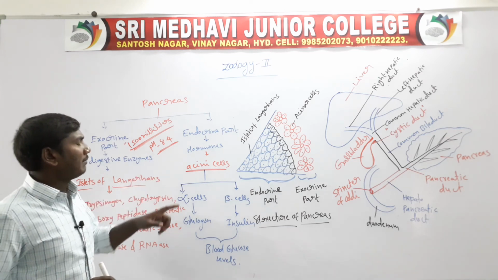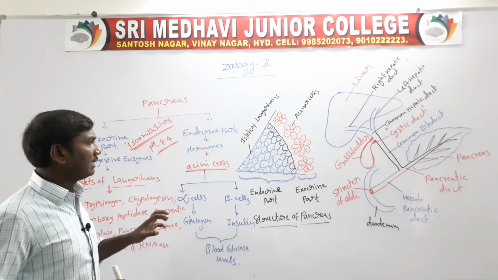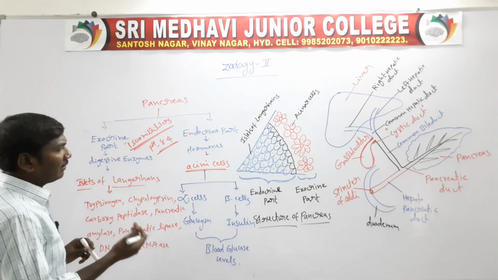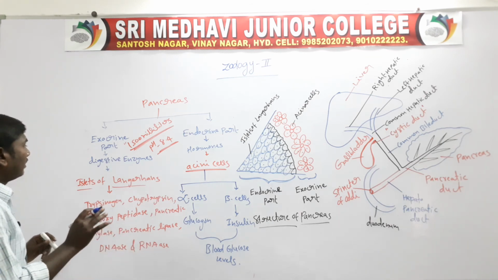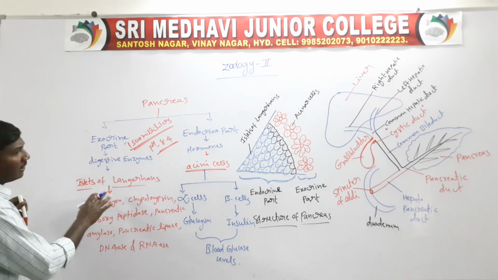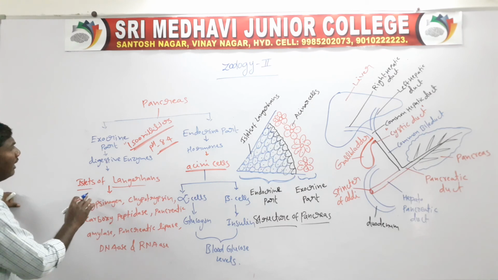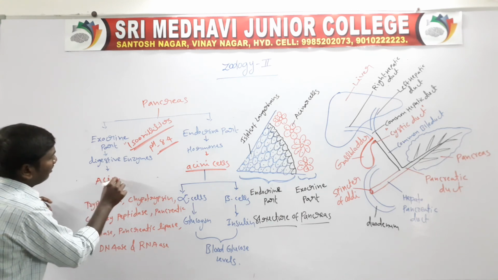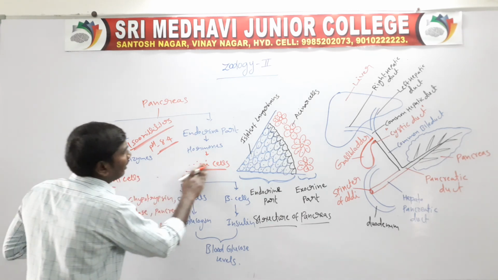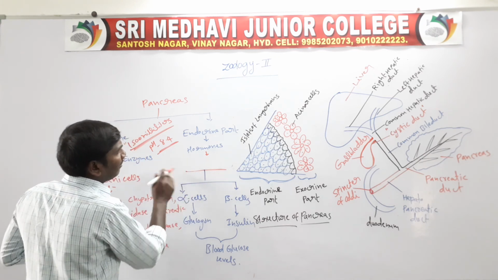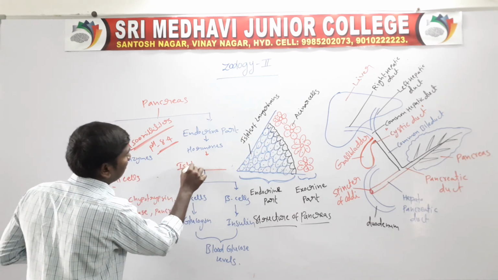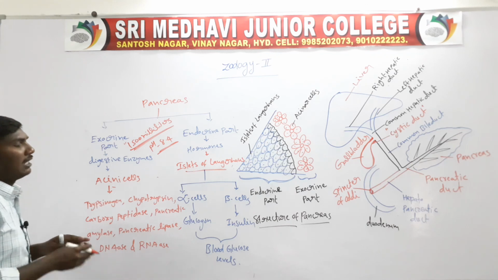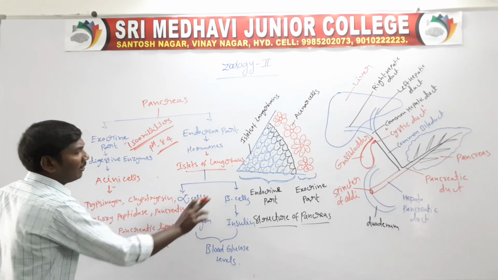The endocrine part is made of the islets of Langerhans, which are of two types: alpha cells and beta cells.